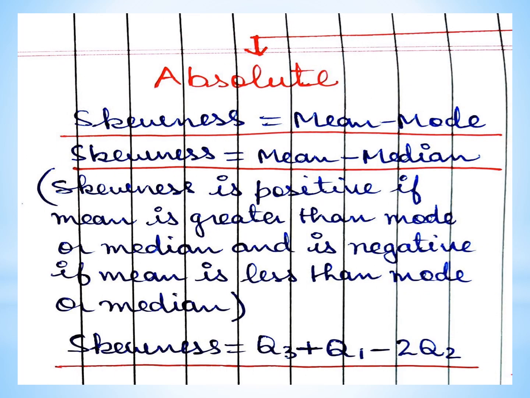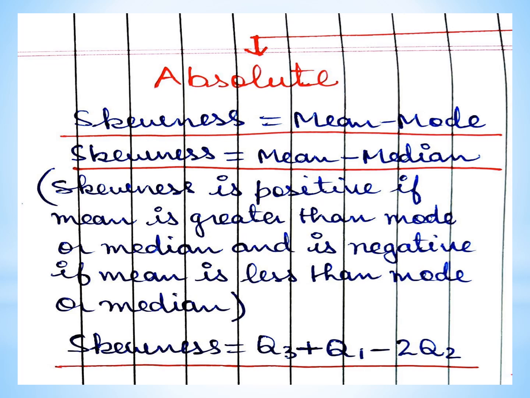Absolute measures of skewness are used when we have to compare data sets which have the same statistical unit. Absolute measure of skewness cannot be used to compare two data sets which are expressed in different units.